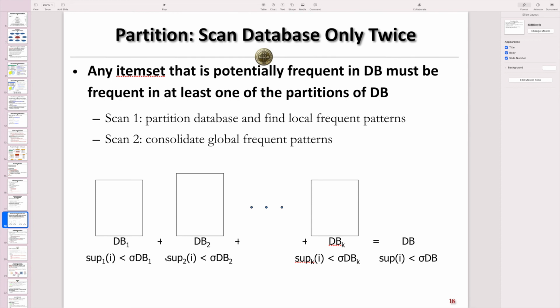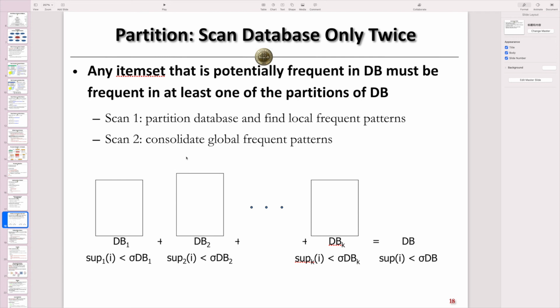Based on the frequent patterns we mine from each partition, we may consolidate the global frequent patterns by integrating them together with a further scan. So you can see, when mining frequent patterns based on partitions of the database, we only have to scan the database twice. The first scan is based on each of the partitions, and the second is based on the overall database, which will be much faster as we have larger-scale databases.